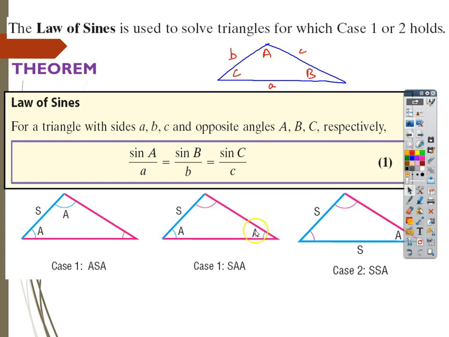Or if they give you an angle here on this side, an angle here, and then a side later, you can use the law of sines. Or if they give an angle here, and this side here, and this side here, even though that spells a bad word, you can use the law of sines. But what does the law of sines help you find? It helps you find the missing angles and the missing sides. That's what it helps you find. So let's go see how this works.